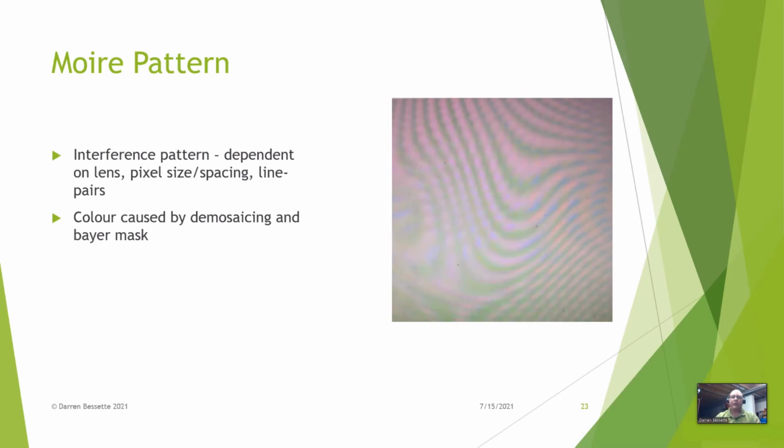One of the things that happens with cameras is what they call this moire pattern. Essentially, it's an artifact of the fact that the pixels themselves have spaces between them. It's the interference pattern that happens from having a repeating pattern that does not align nicely to the pattern of the pixels on the sensor.